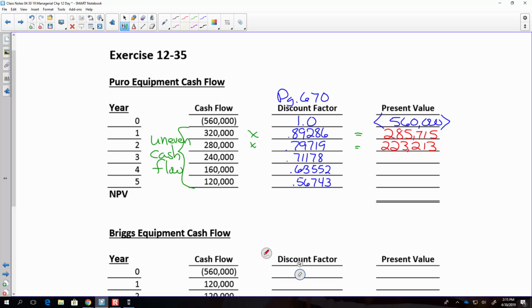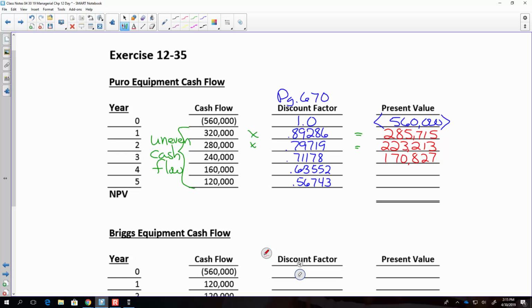$240 times 0.71178, 170,827. $160 times 0.63552.